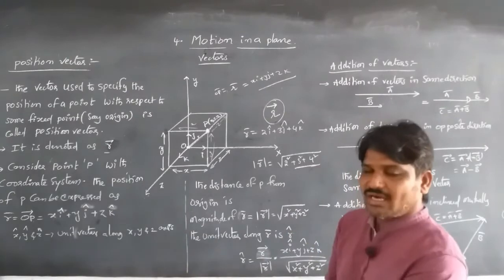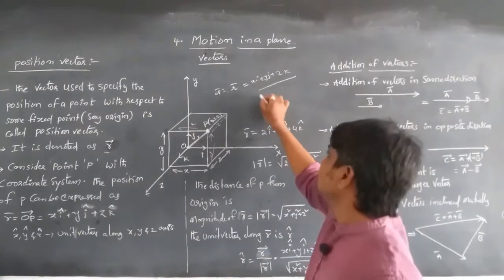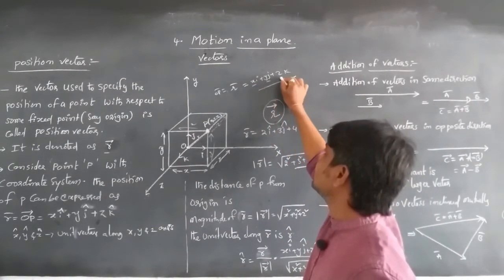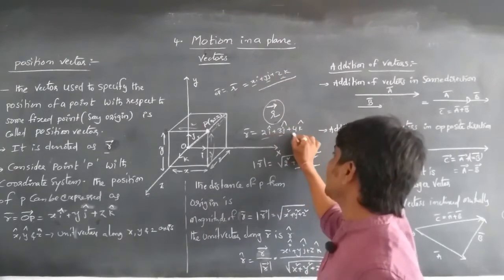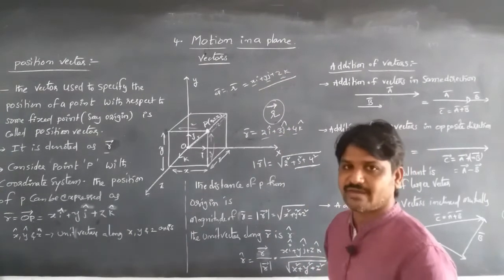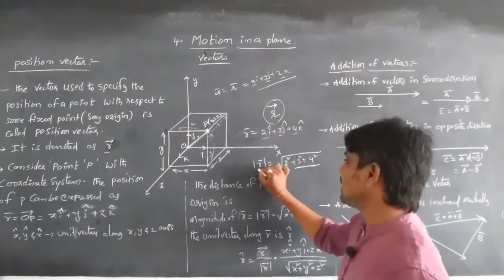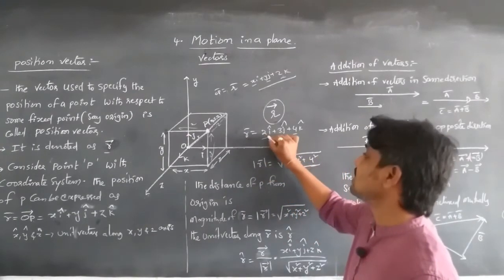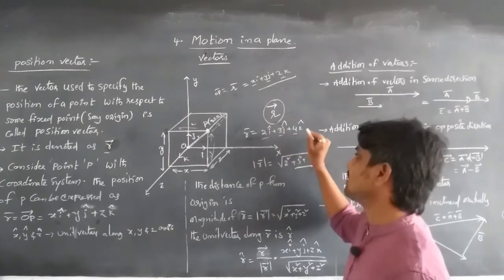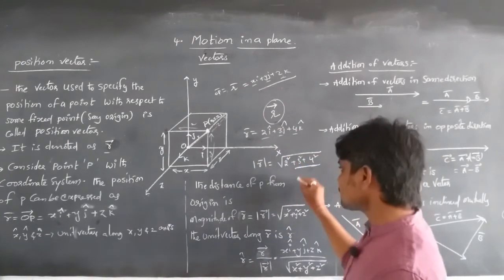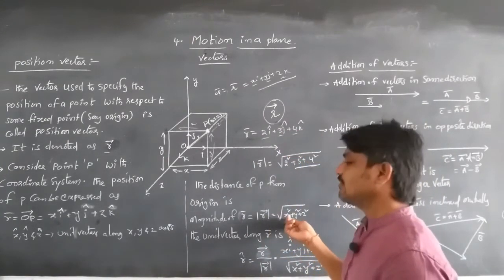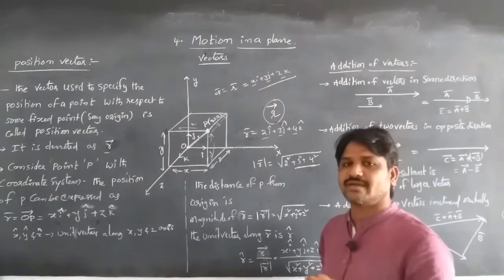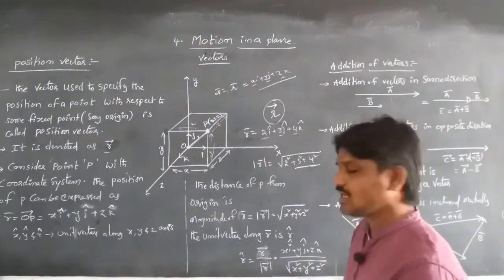Sometimes, instead of x, y, z, there are numbers given. Then mod r bar is equal to root of 2 square plus 3 square plus 4 square, if the equation is 2i plus 3j plus 4k. From that we can find the magnitude, or length, of the vector.